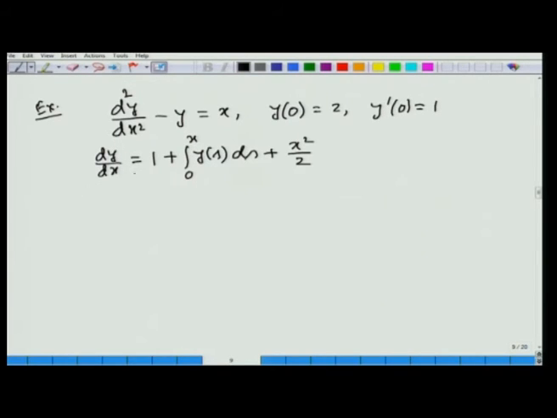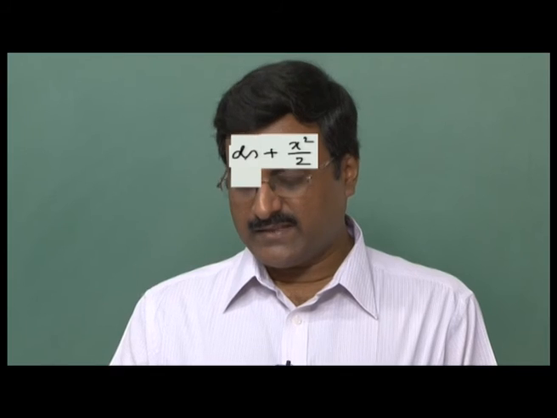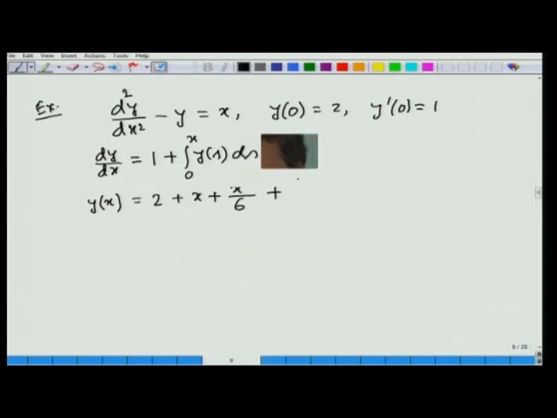Further integrating, you can find y(x) equal to 2 plus x plus x cube by 6 plus integral 0 to x, integral 0 to s1 y(s) ds ds1, and after using the replacement formula you will have integral 0 to x (x minus s) y(s) ds.